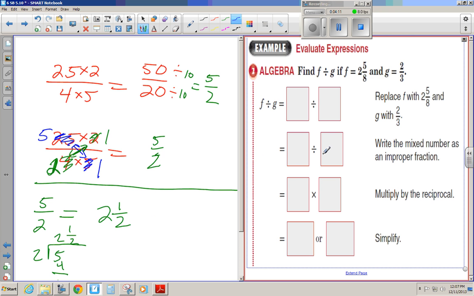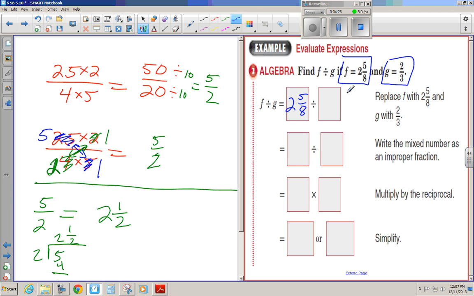All right, evaluating an expression, f divided by g. This is the same way. Whenever you evaluate an expression, you are substituting. f gets put in as 2 5/8. g gets plugged in as 2/3.